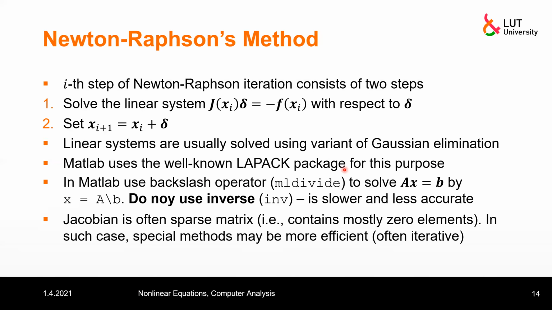Each step of the Newton-Raphson iteration consists of 2 sub-steps. As it was written here, we first solve our system like that, Ax equal to b, with respect to the x noted here as delta. And then we calculate after the solution xi plus 1.